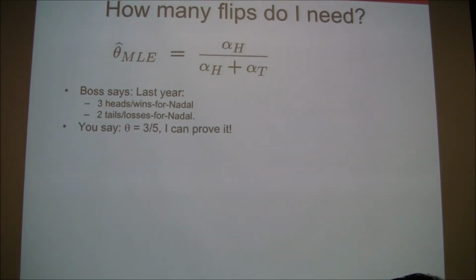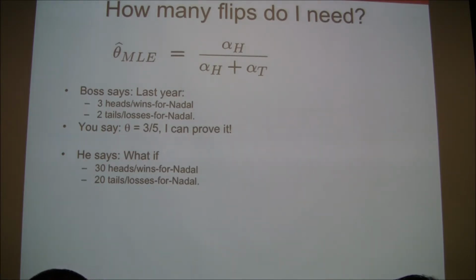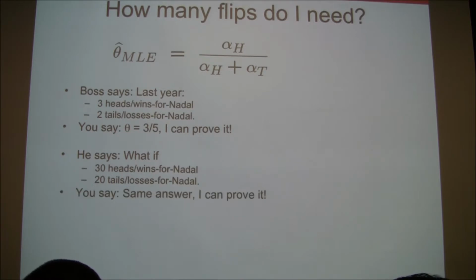So your estimator is 3 over 5, and you confidently say, now I've gone through this entire derivation, I can actually prove this, or at least some semblance of the proof. What if your data set is 30 wins and 20 losses? The same. More data didn't help, and you can prove that as well. And so what's better?